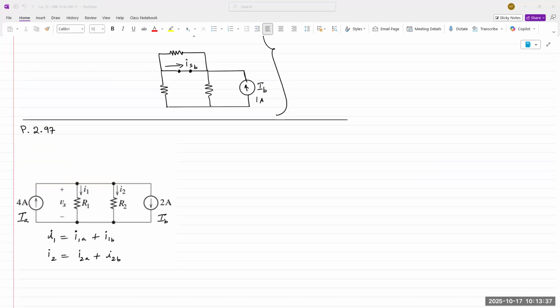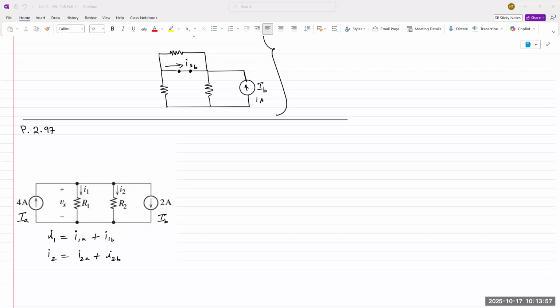All right, 2.97, we have two current sources, two resistors. Obviously, it is possible to solve this via multiple techniques, node voltage, mesh current. We can reduce it down to one single resistance also, but we'll use superposition.